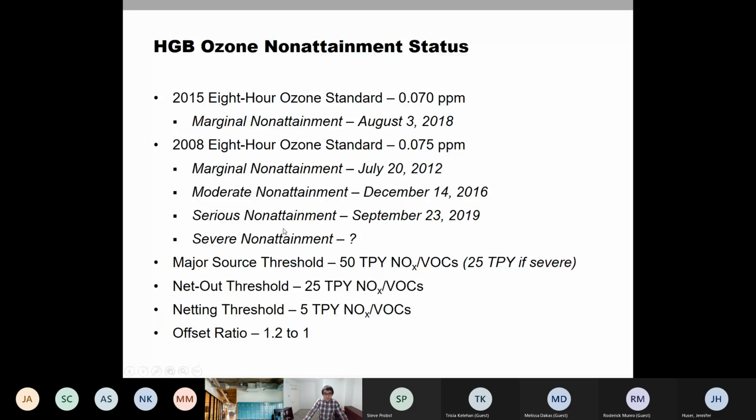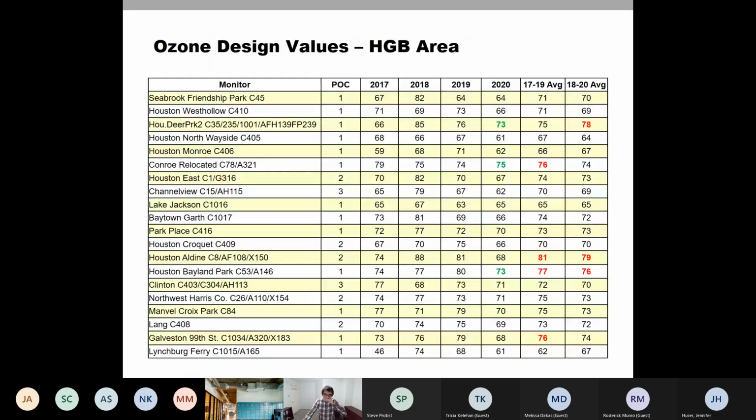Maybe we could maintain the serious, or even look at some better situations where we are attained. But I'm sure EPA will want to keep a maintenance status on this area, and see if anything will change when production goes up in 2022, 2023.